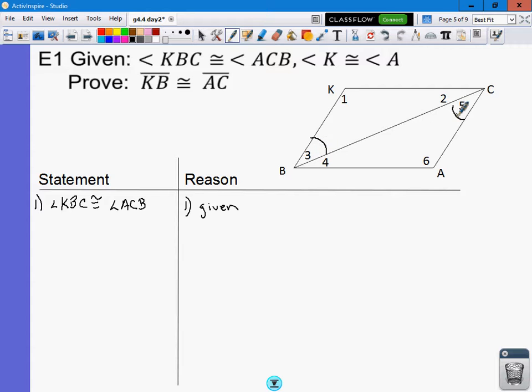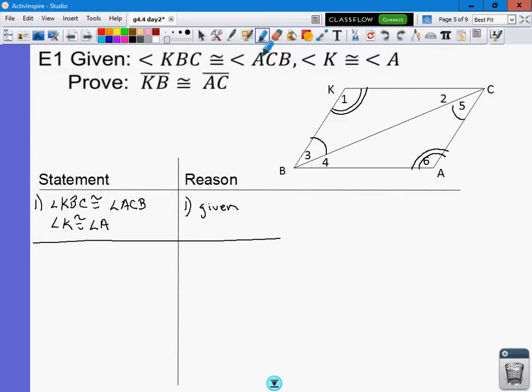That would be angle 3 and angle 5 that they're talking about. They also said angle K was congruent to angle A. And again, I'm going to make sure that I mark those two pieces as being congruent.